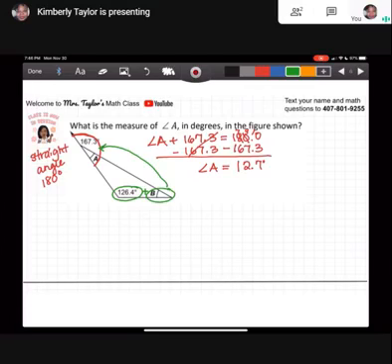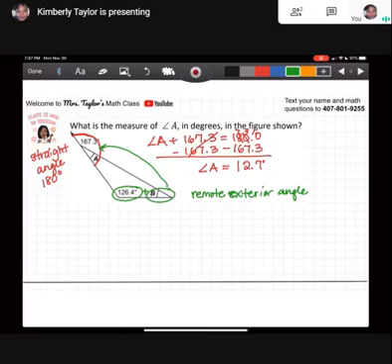So I could do that, and I should get the same answer. Well, I will get the same answer. I know it's called a remote exterior angle, and I know that 167.3 is a remote exterior angle.